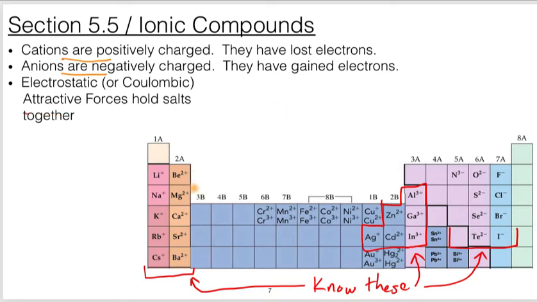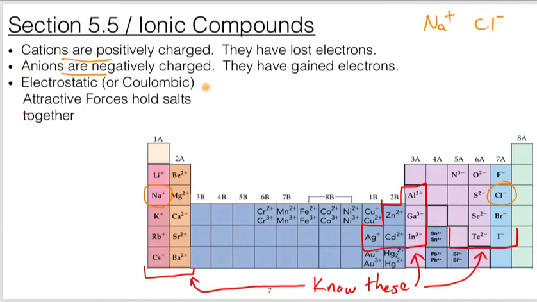So if we just look at a specific example, and we've used this one before, sodium chloride. A couple things about this salt that forms between the sodium cation and the chloride anion. One thing to note is that they come together due to attractive forces.